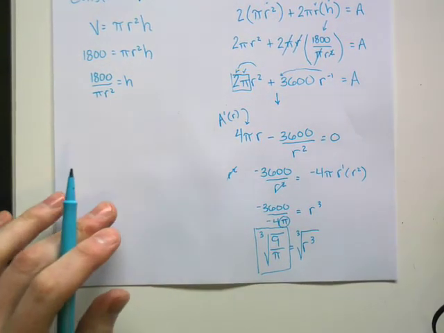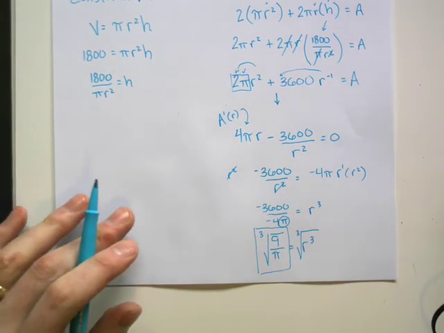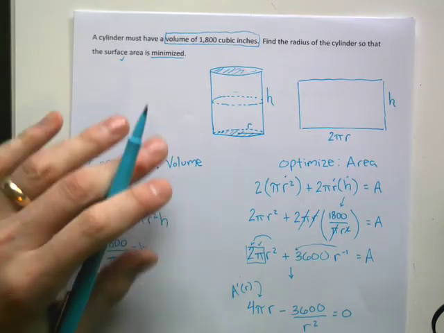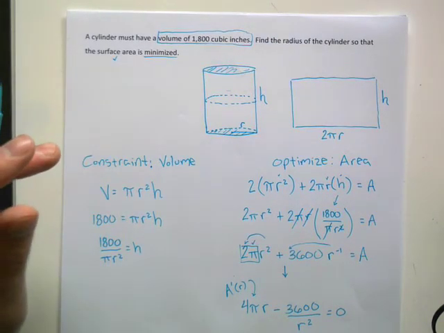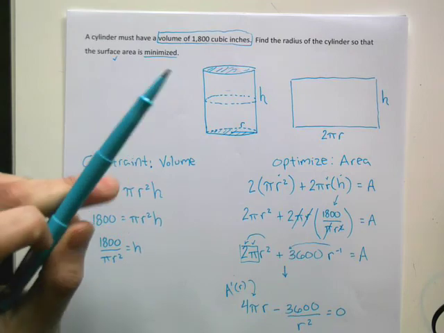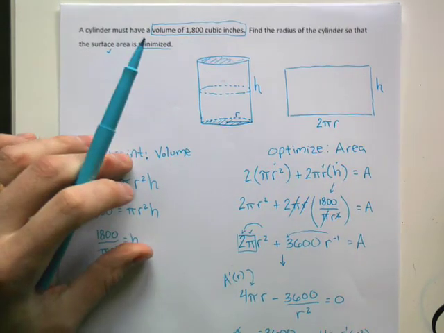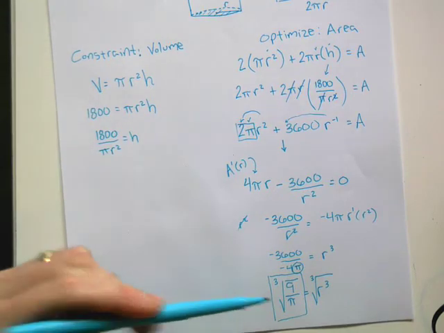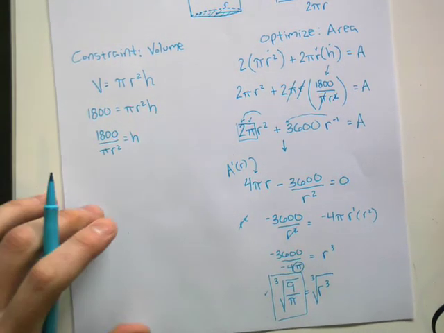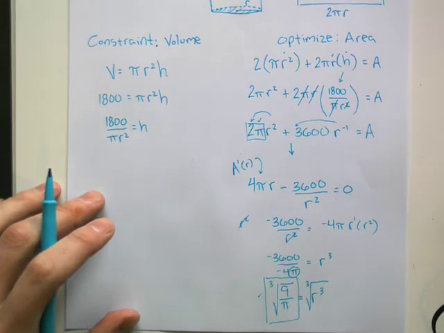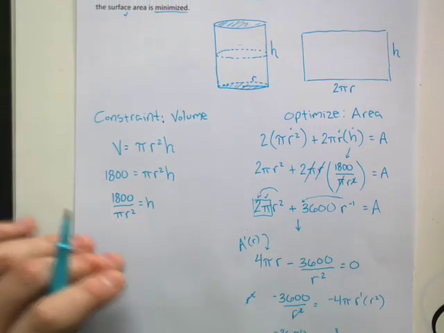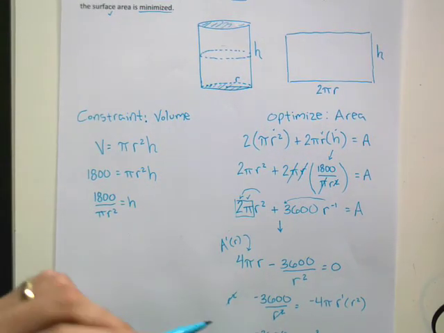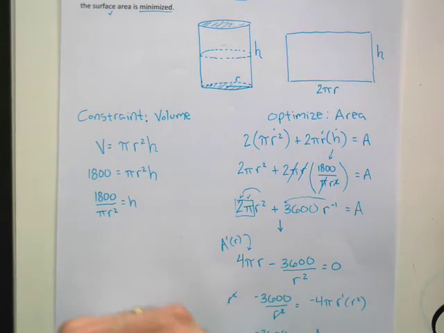This first example does not ask you to round to the nearest hundredth or thousandth or anything like that. If the problem does that, then you actually want to get a number value for this. But in this case, it just says find the radius of the cylinder so that the surface area is minimized. This is going to give you a more exact answer.